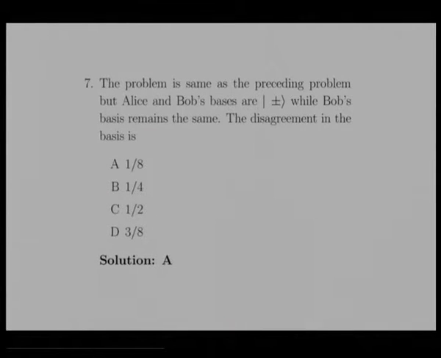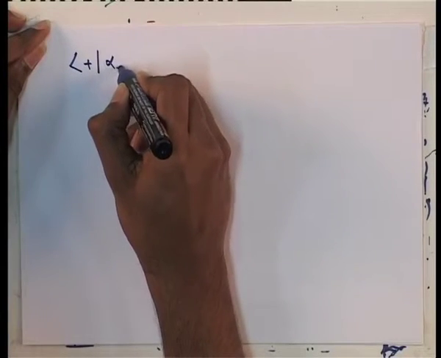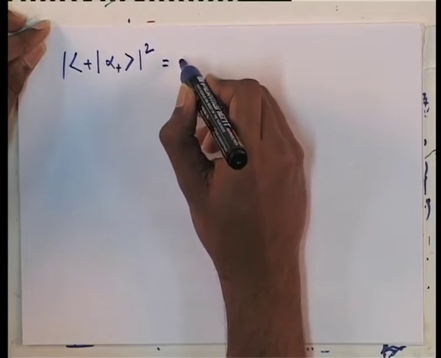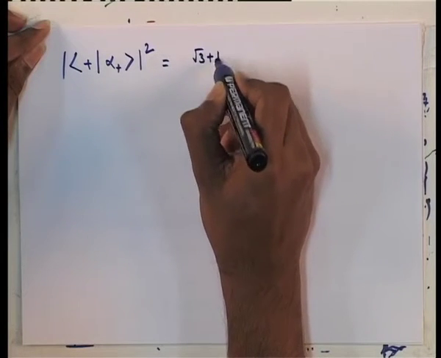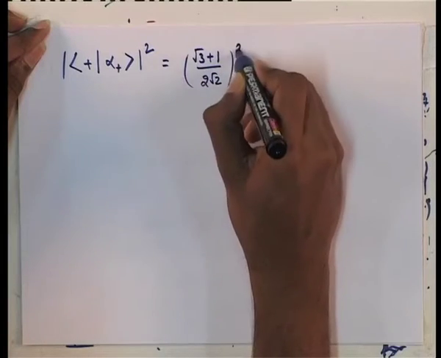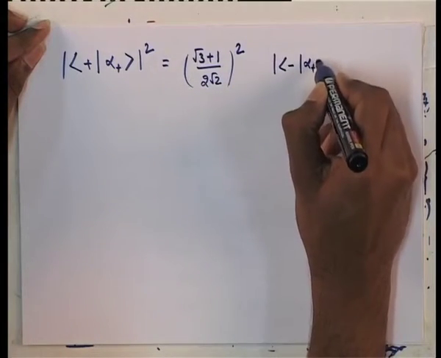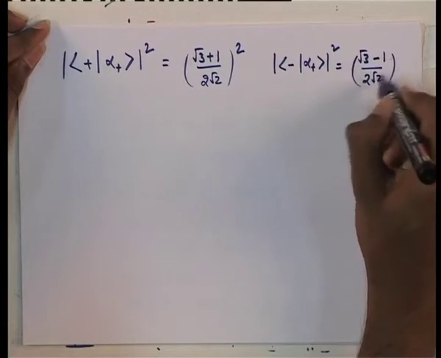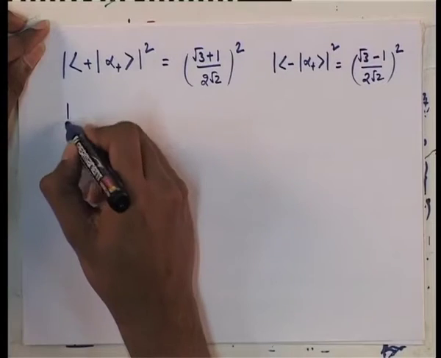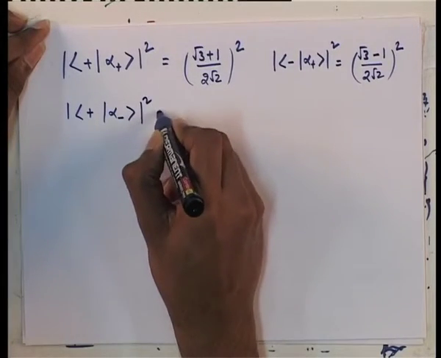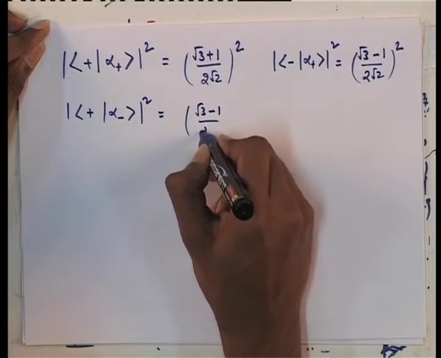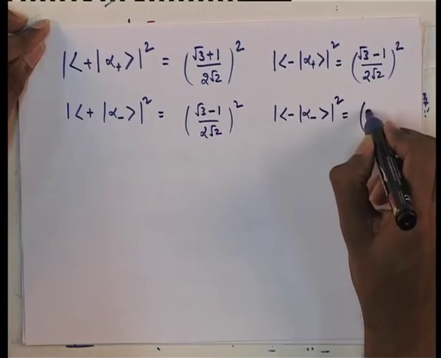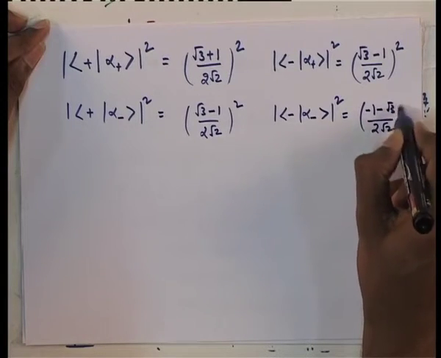And we calculate the squares: plus alpha plus square is root 3 plus 1 by 2 root 2 whole square, minus alpha plus is root 3 minus 1 by 2 root 2 whole square, and plus alpha minus is root 3 minus 1 by 2 root 2 whole square, and minus alpha minus square is minus 1 minus root 3 by 2 root 2 whole square.